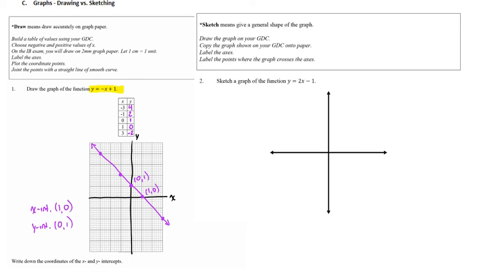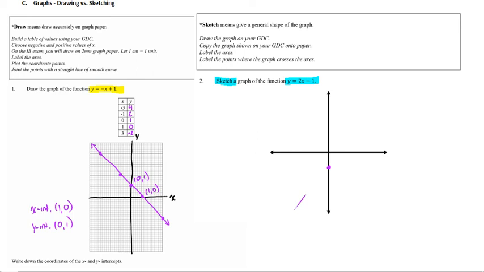The alternative to drawing is sketching. When you're sketching, you really just need the general shape and direction and areas of that relationship. So 2x minus 1, I know I'm going to have a y-intercept around negative 1 or at negative 1, and I know my slope is going to be an increasing slope.